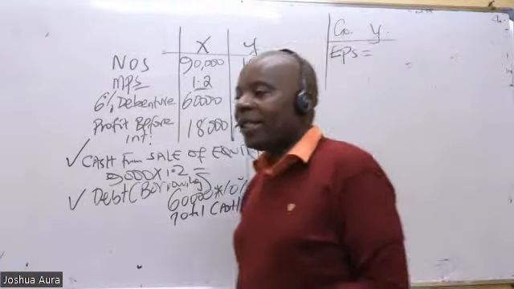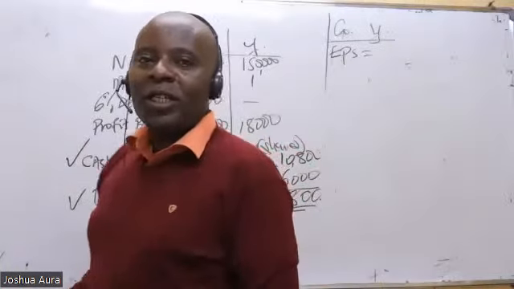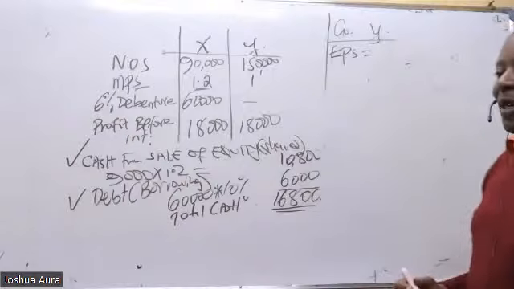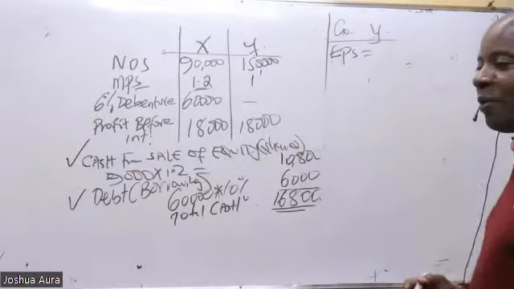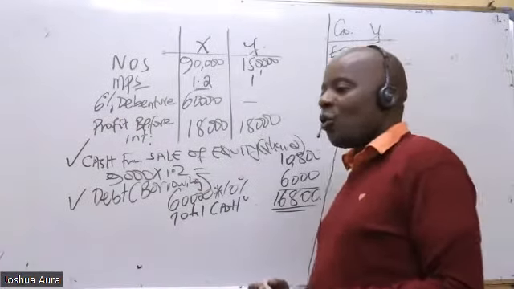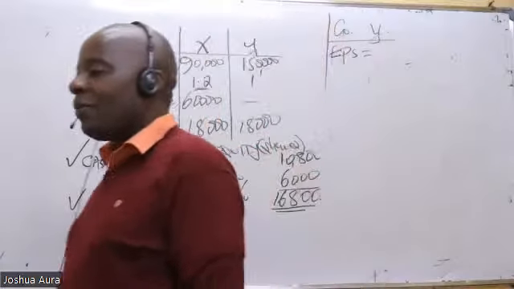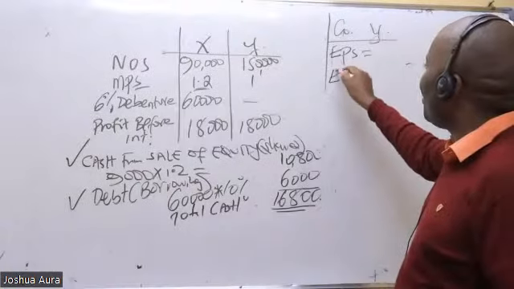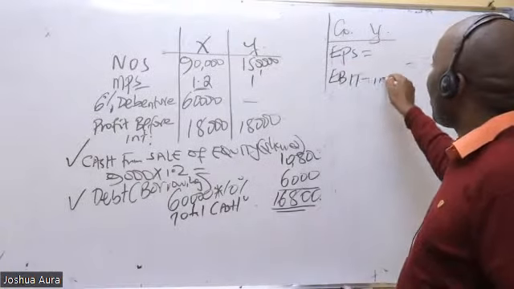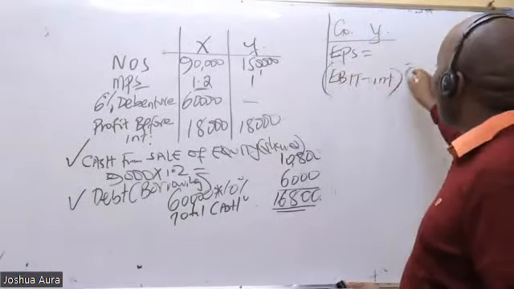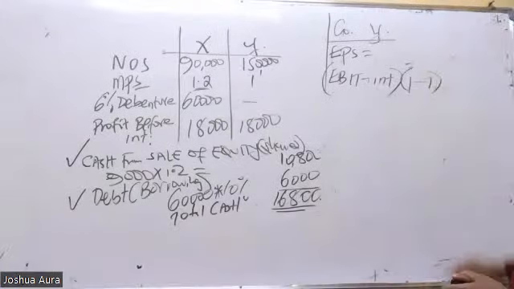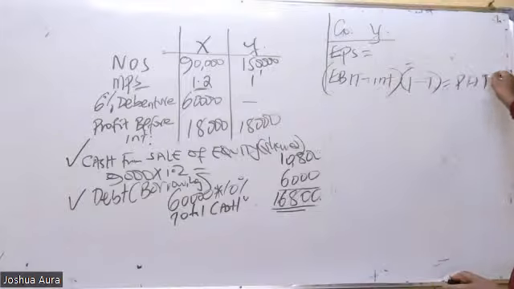Is there somebody who is able to give me this earnings per share of company Y? According to John Massey, it is 0.12 EPS. Thank you very much. John Massey has appreciated that EPS can only come from this: EBIT minus interest, times 1 minus taxation. So this basically will be your profit after tax.